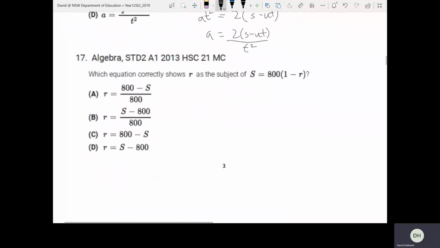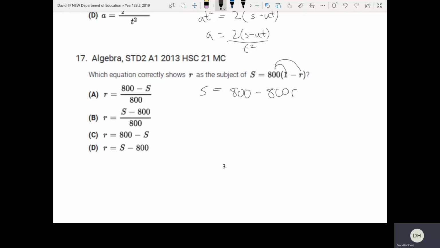Okay, next one. This one. R is the subject. Okay. So look, before I start, I noticed none of these answers have brackets, so I'm definitely going to expand the brackets. So 800 minus 800 times R. Okay. I want R to be the subject, but I notice there's a negative in front of this number that's in front of R. So I don't like that.